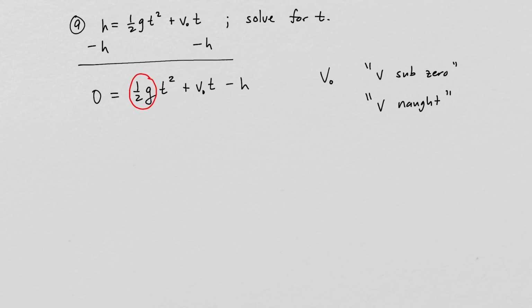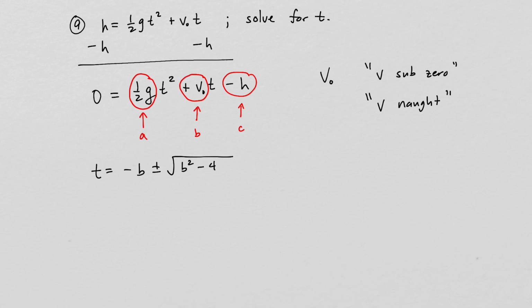This number here is our coefficient a, this number is our coefficient b, and this number is our coefficient c, and we can plug those into the quadratic formula, which in this case will be t equals, and then negative b plus or minus the square root of b squared minus 4ac, all divided by 2 times a.